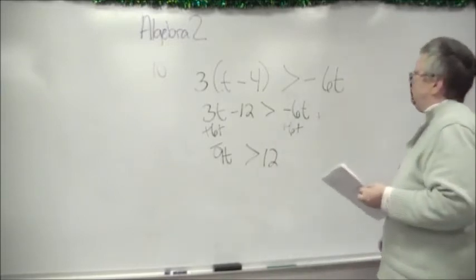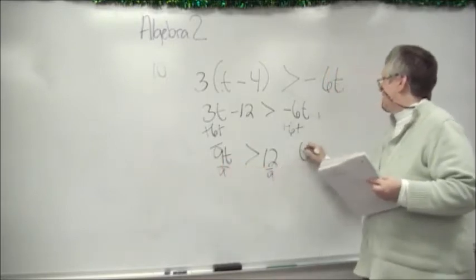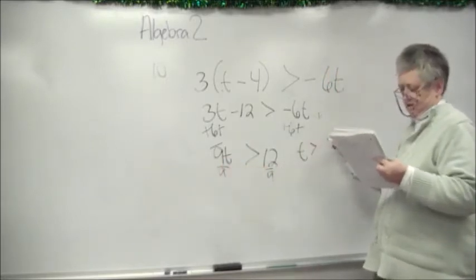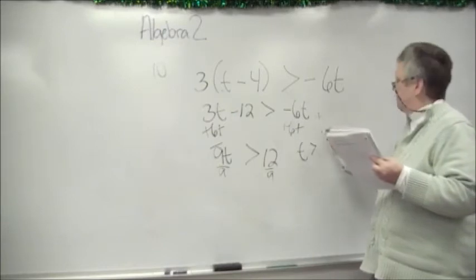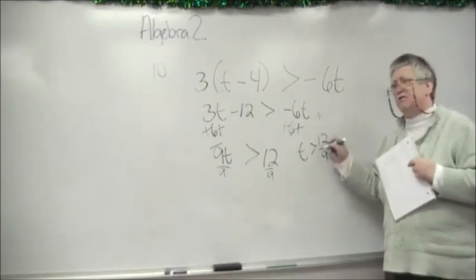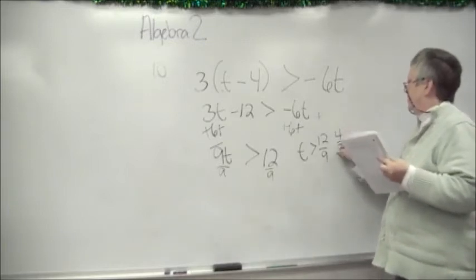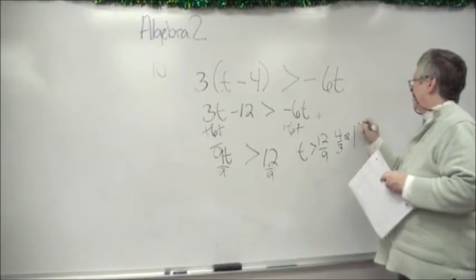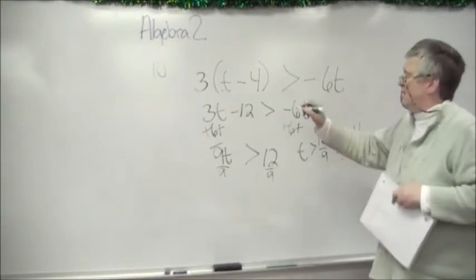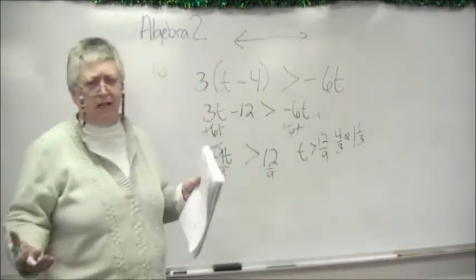You have to solve that. Remember, we have to divide both sides by 9. So t is greater than 12 over 9, which reduces to 4 over 3, or 1 1/3. To graph it, you don't have to make a really big long number line.